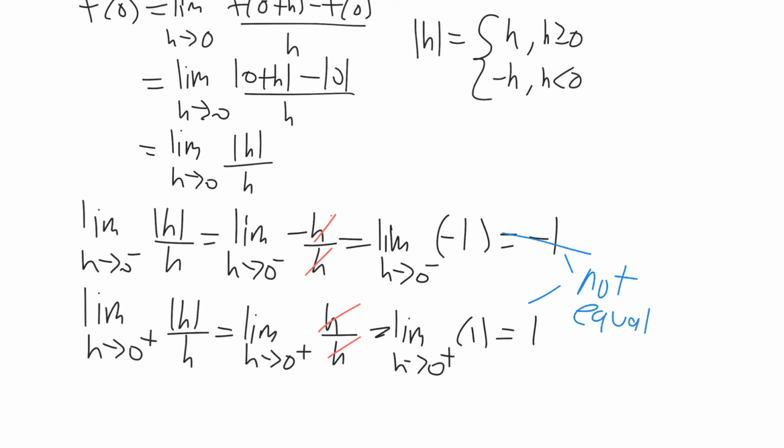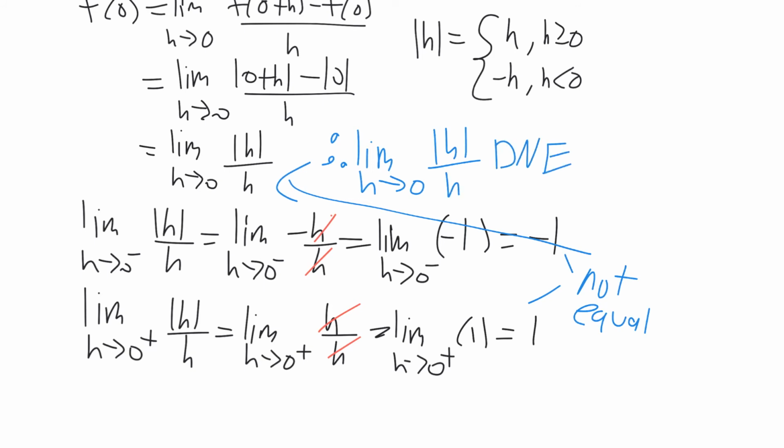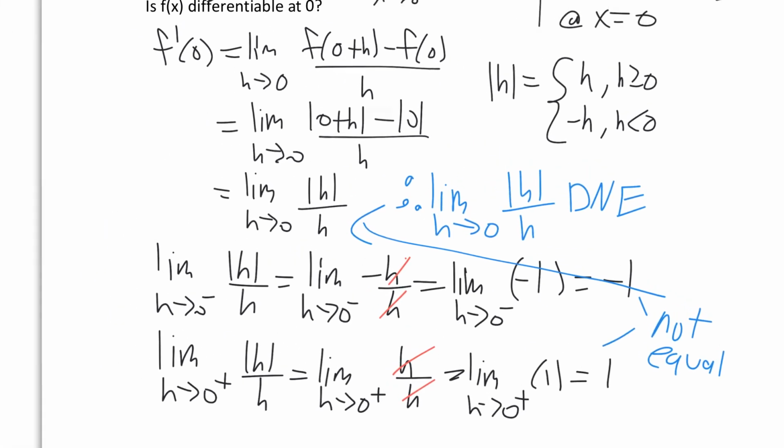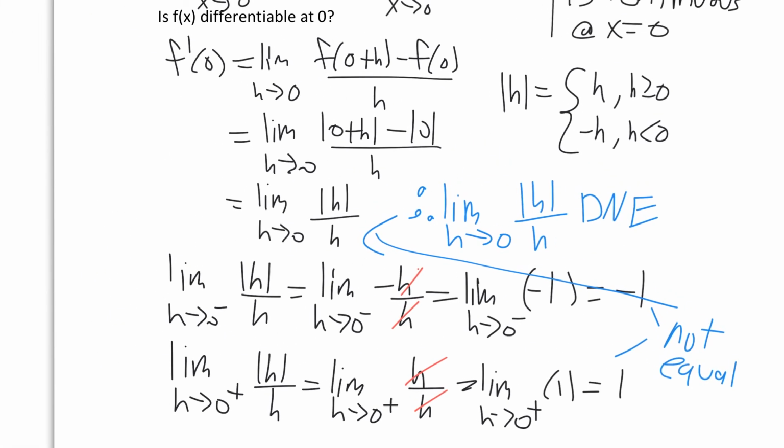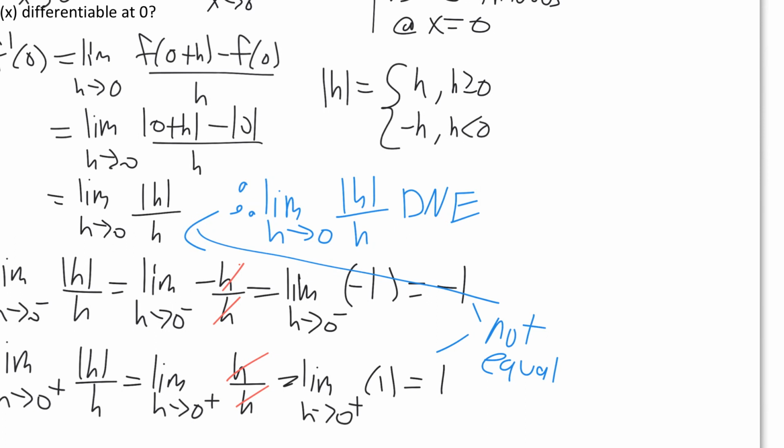So therefore, the limit as h approaches 0 of absolute value h over h does not exist. Well, that was our whole question. That was the derivative at 0. So if the limit doesn't exist, we can say again, therefore, f prime of 0 does not exist.